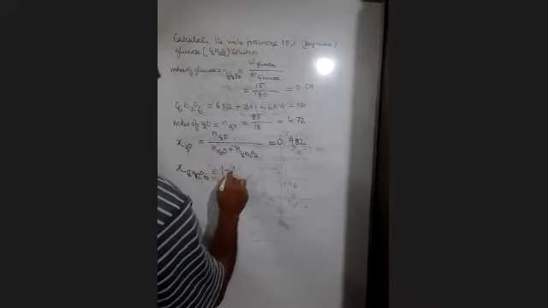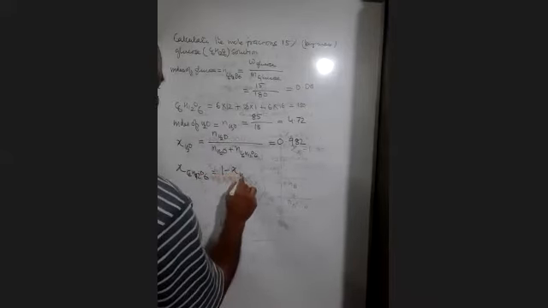Sir, 0.001. So how did you find it? Did you do the same calculation like this? Yes, sir. No, you should not have. See here, it is 0.982.